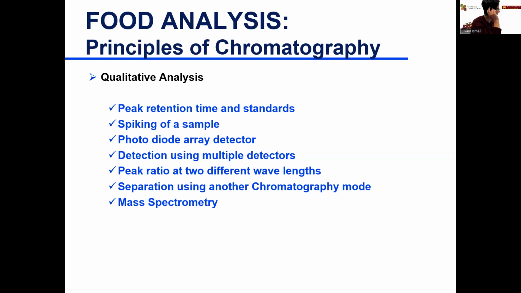We talked about the photodiode array detector in HPLC. I'll talk about it more in terms of its principle later on, but this allows a fingerprint. If you remember from the HPLC labs, you get a spectra. So you have your absorption and you have your lambda, which is the wavelength.